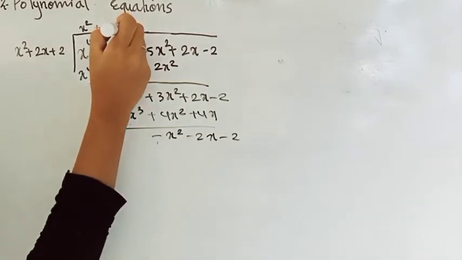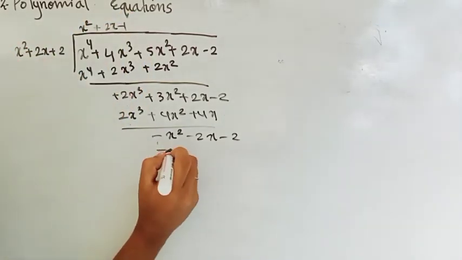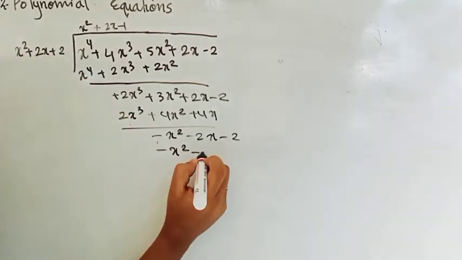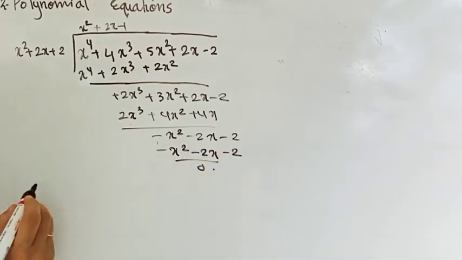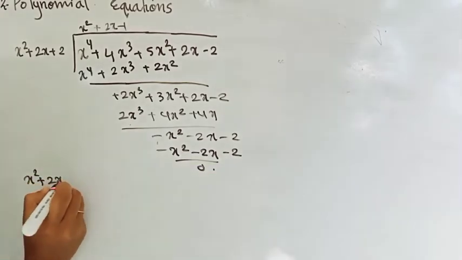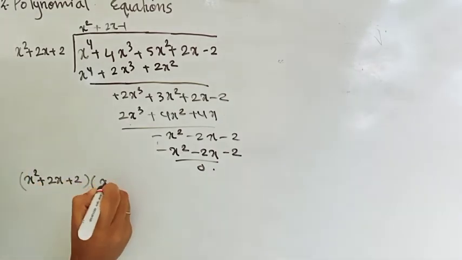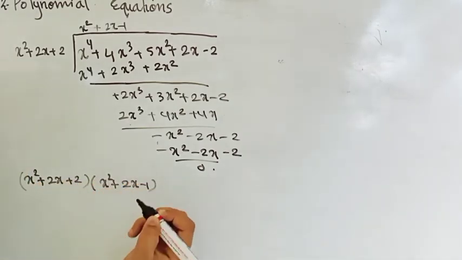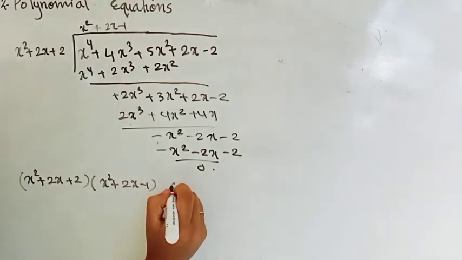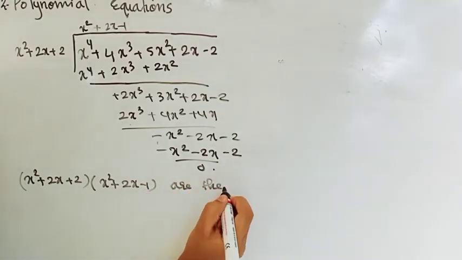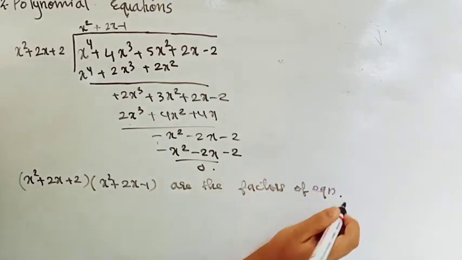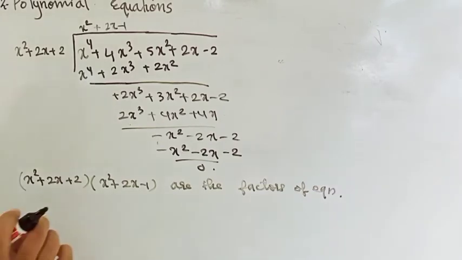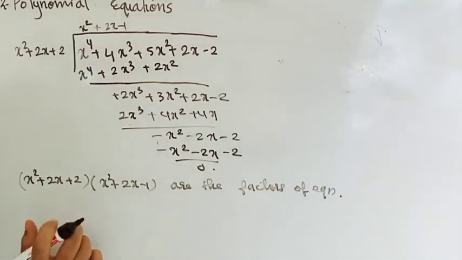Then minus 1 into x square is minus x square, minus 1 into 2x is minus 2x, minus 1 into 2 is minus 2, remainder is 0. So x square plus 2x plus 2 into x square plus 2x minus 1 are the factors of the equation.